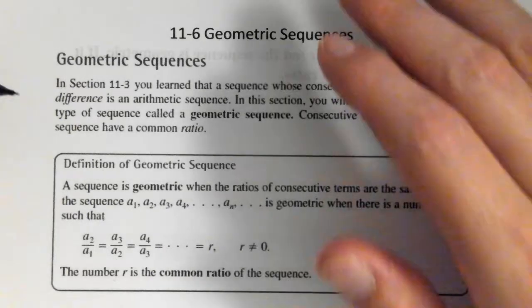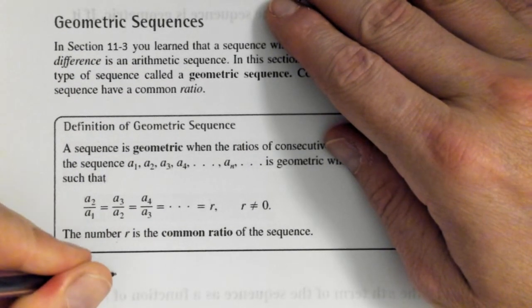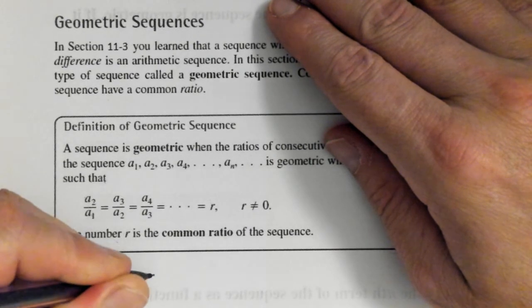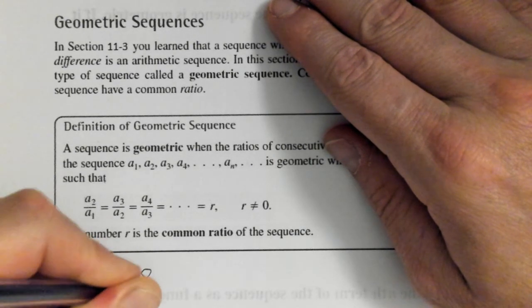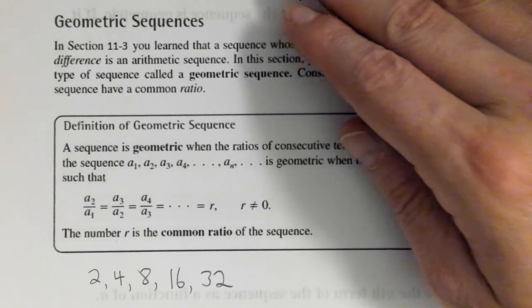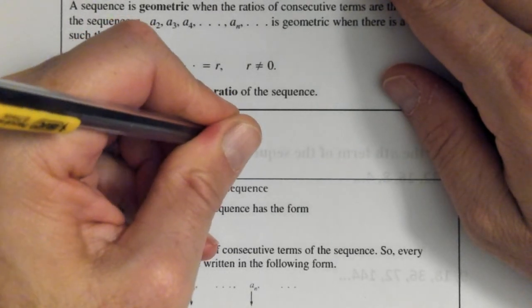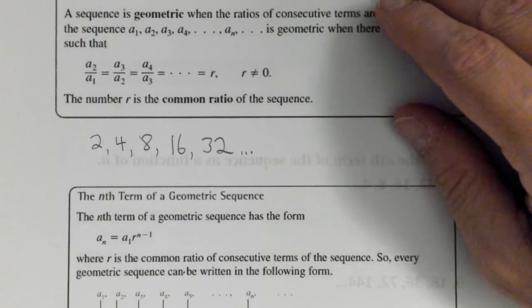So consider for a moment this sequence. Let's say I have 2, 4, 8, 16, 32. And let's say that we were trying to figure out what kind of a sequence this was.